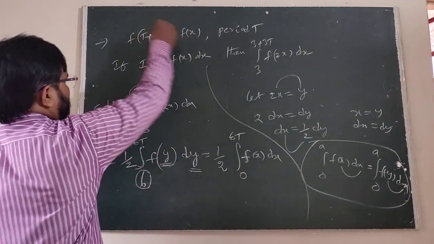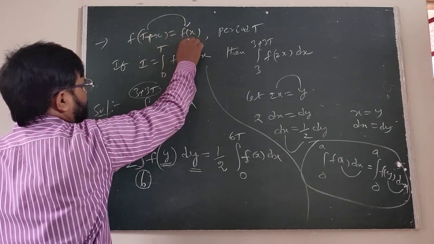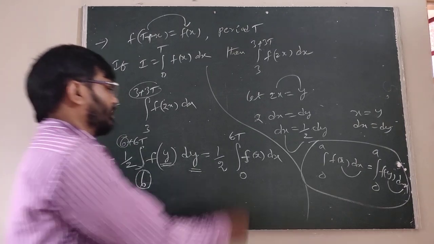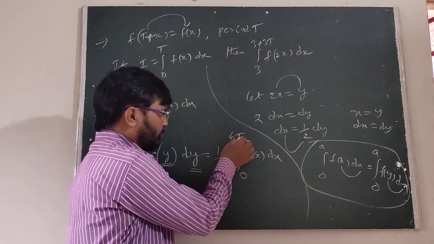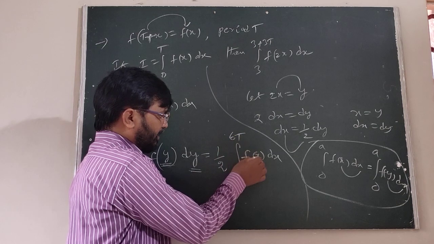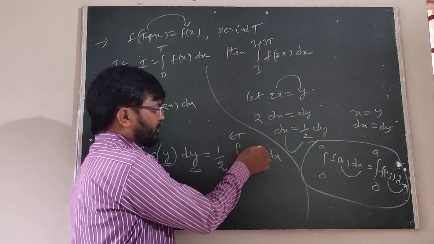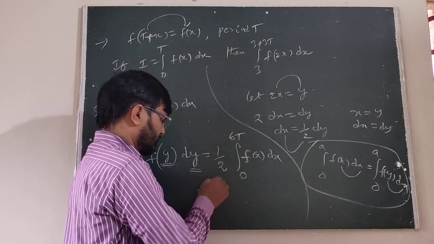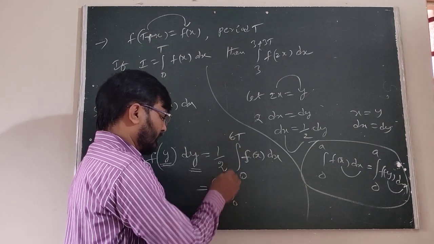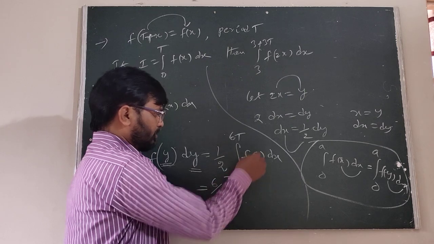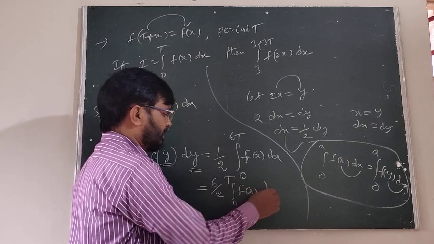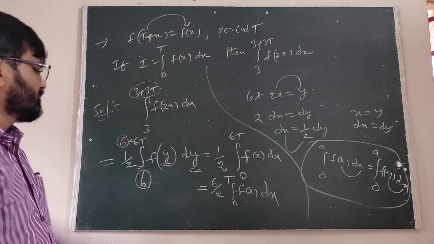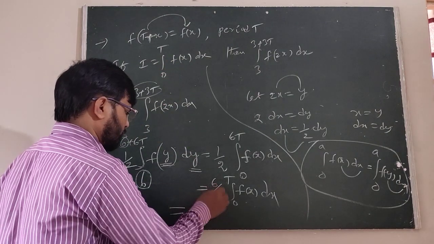As per the given property, f of t plus x equals f of x, having the period t. By the definition of the periodic function, the integral from 0 to nt of f of x dx, where f of x has the period t, we can write as n times the integral from 0 to t of f of x dx, where n is 6 by 2. Therefore, the integral from 0 to 2 of f of x dx is given by I, and 6 by 2 is 3.